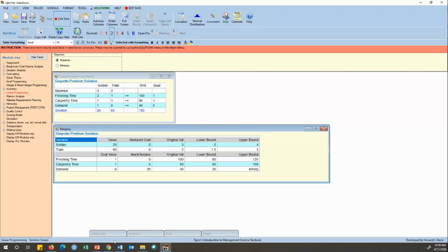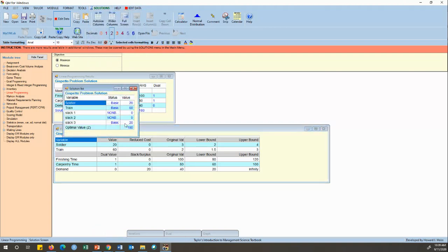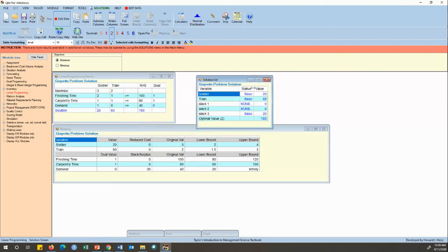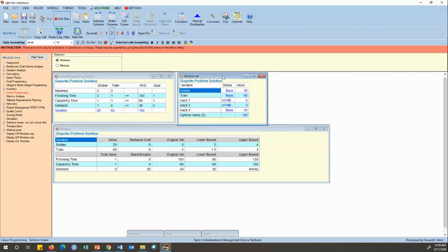This is your solution list, for example. Easy, isn't it? That's why I always like working with machines, because it makes your life oh so very easy.